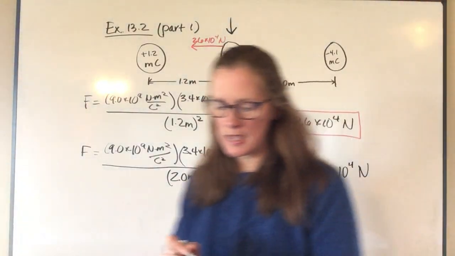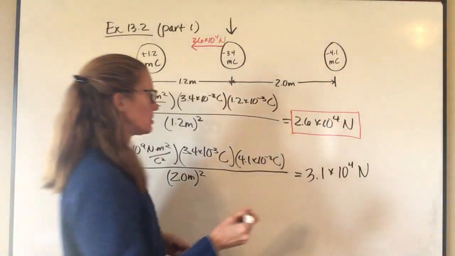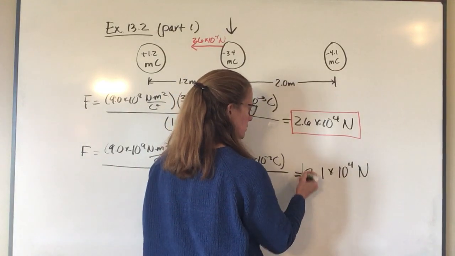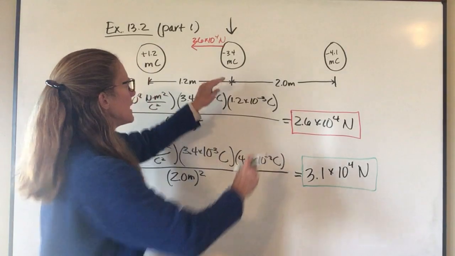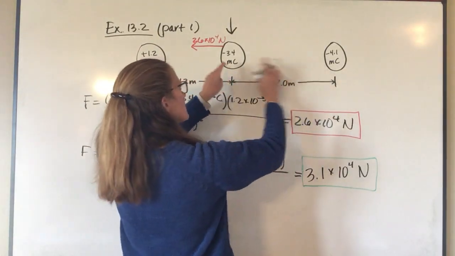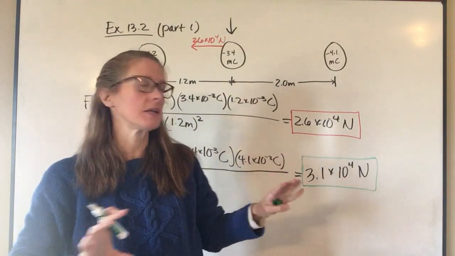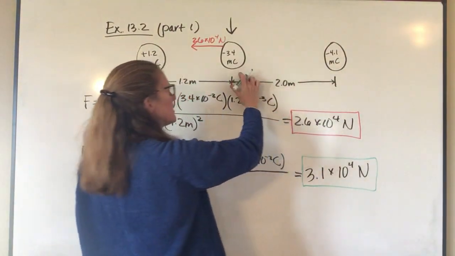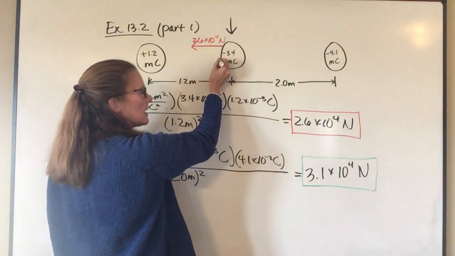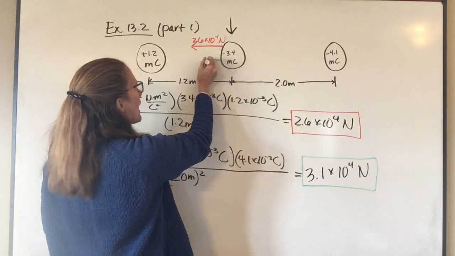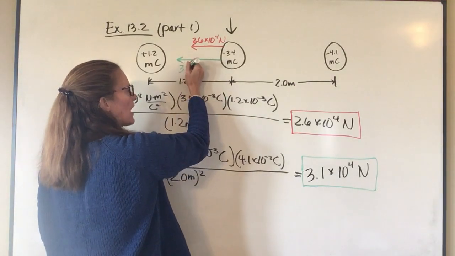newtons. So again, I need to do the same thing, and I need to figure out which direction this force is going. So we'll make this one green. And so here, because these are both negative, they are going to be repelling each other. So this particle is going to be shoving this particle further away from it. So that means that here again, what I have is a force that's going this direction exerted by that particle.